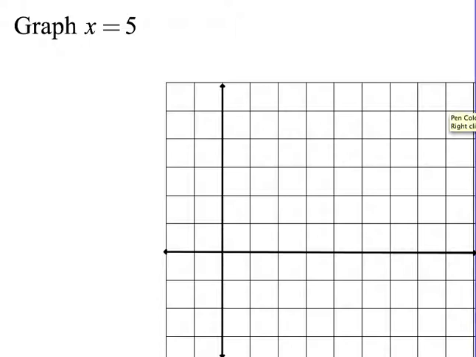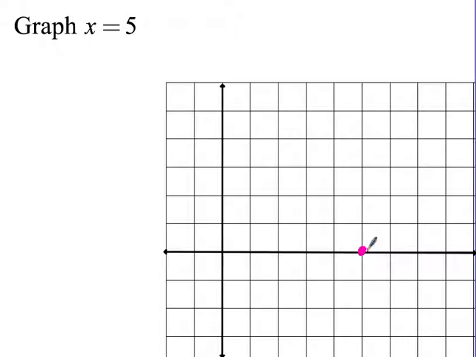And so it says to graph x equals 5. If I think about where does x equal 5 on this coordinate plane, where would I go? From the origin, I'm going to go right 5. Now, when I think of x equals 5, I know it's a special line.